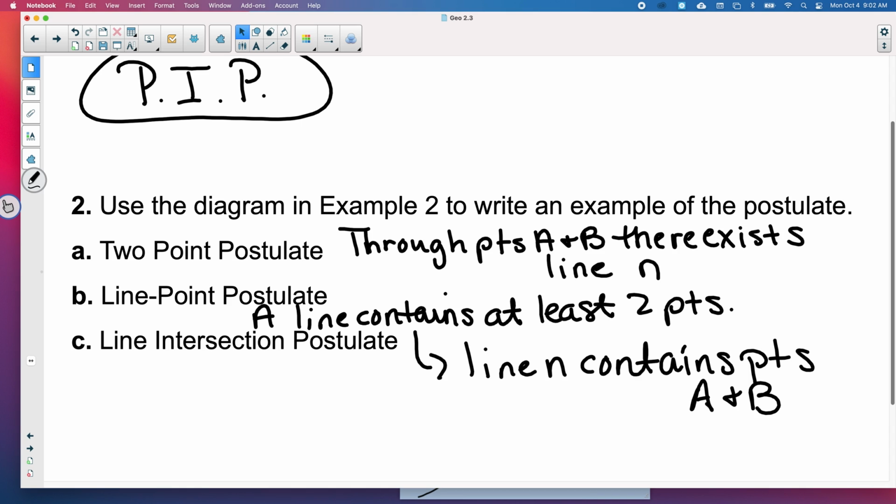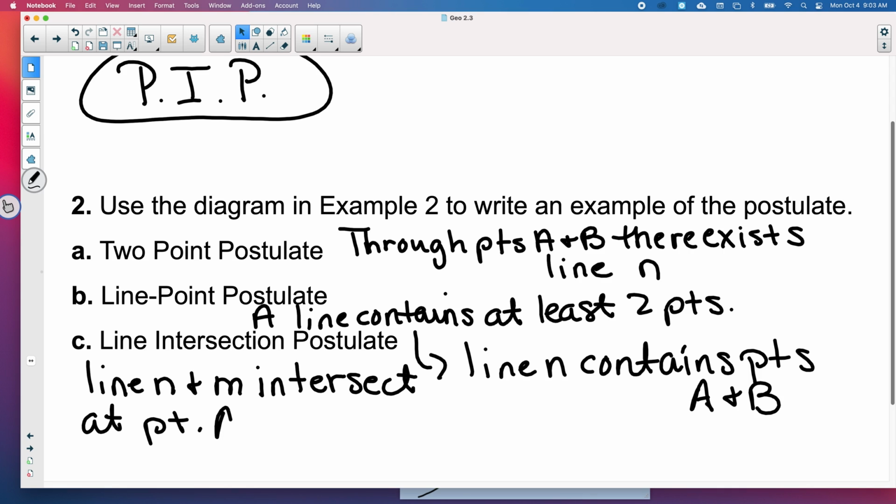M and N. All right, so you could just say line M and N intersect. And where do they intersect at? What point? Point A. Good, intersect at point A. Okay, does that kind of make sense, what you have to do there? All right.